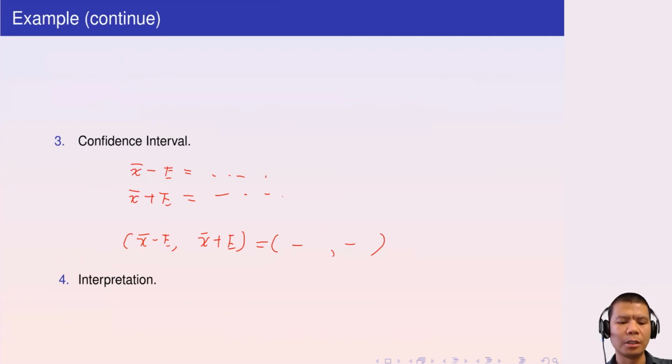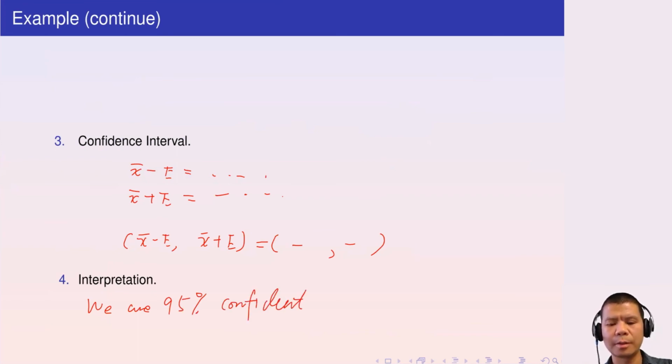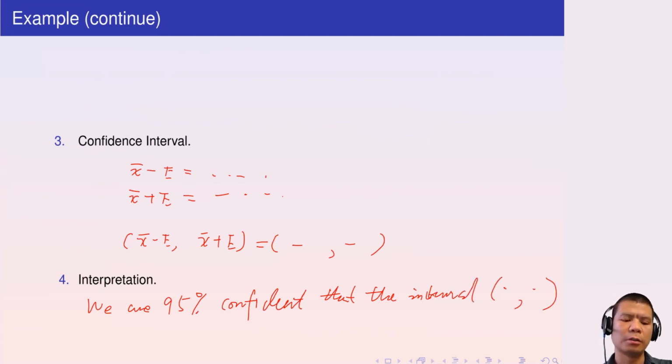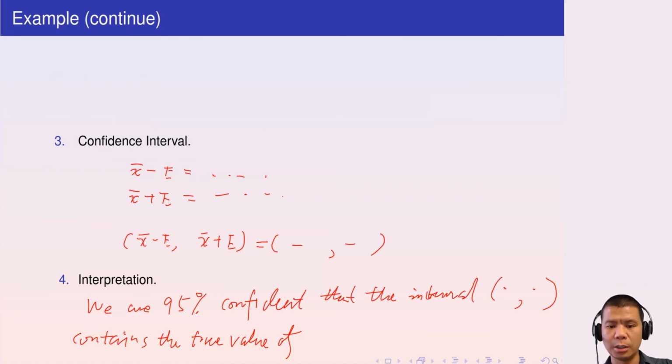And the interpretation is going to be: we are 95% confident that the interval contains the true value of the mean birth weight. So that's what we have.